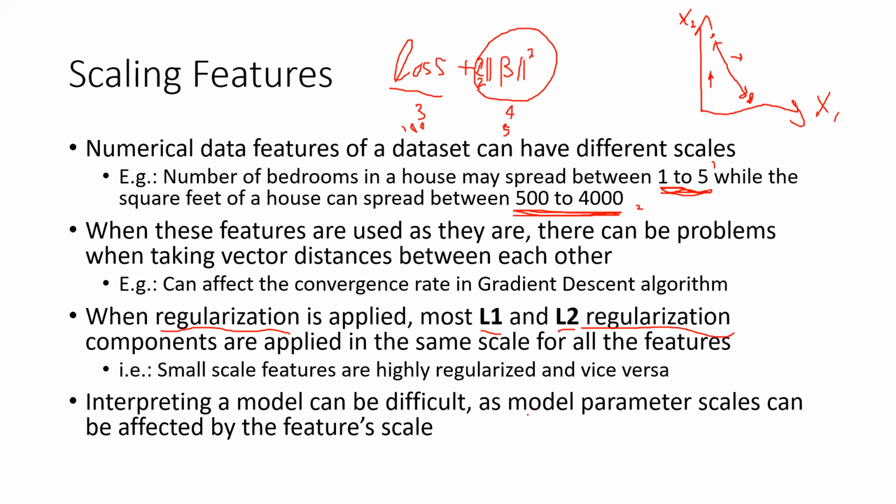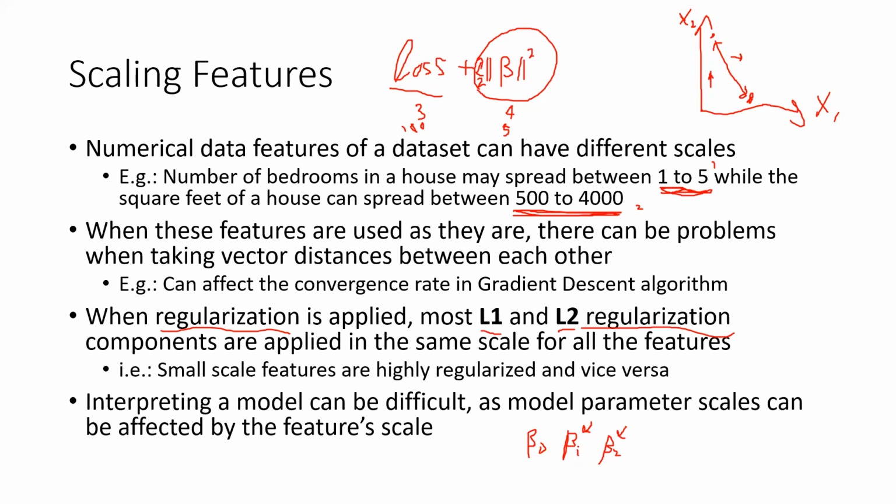And when we are interpreting the final results, for example, when you have created the linear regression model, you have to interpret the values like beta 0, beta 1, beta 2, and so on, right? If you find a very large value for beta 1 and a very small value for beta 2, that may sound like beta 1 is highly significant, right?